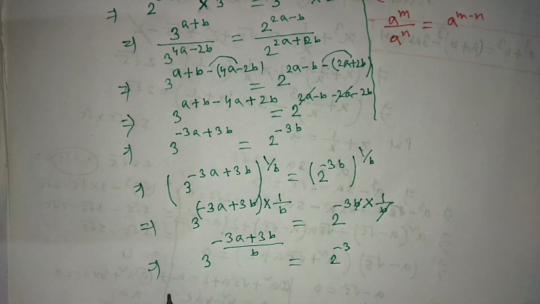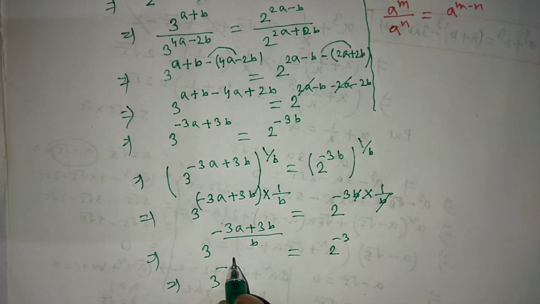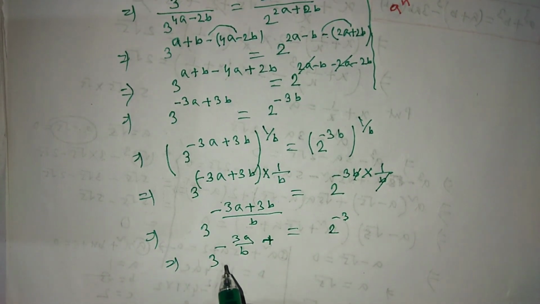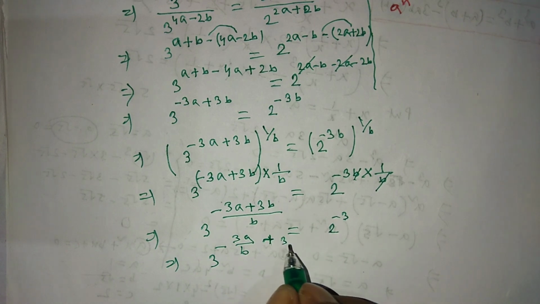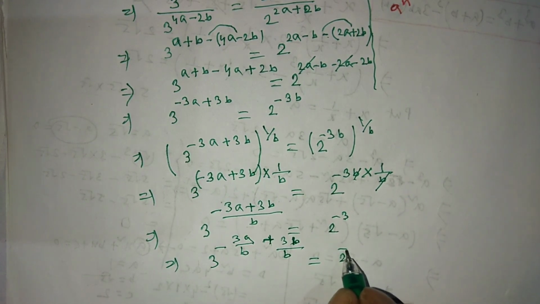So my dear student, after that we have to write in here 3 to the power minus 3a over b plus 3b over b. On the left hand side you have to write in here 3 to the power minus 3a over b plus 3b over b is equal to, so we have to again write 2 to the power minus 3.